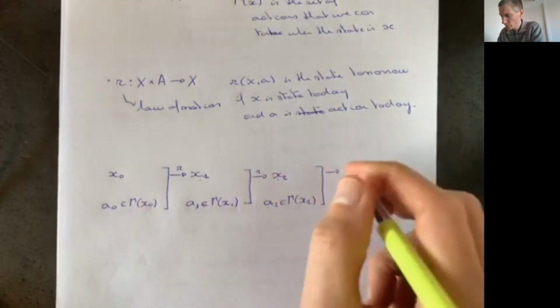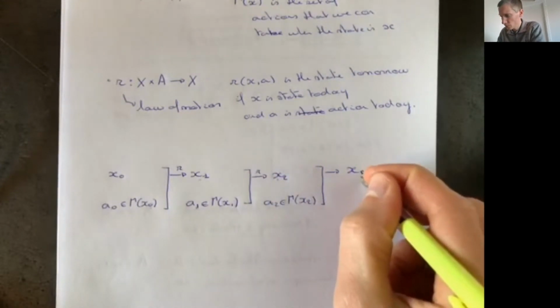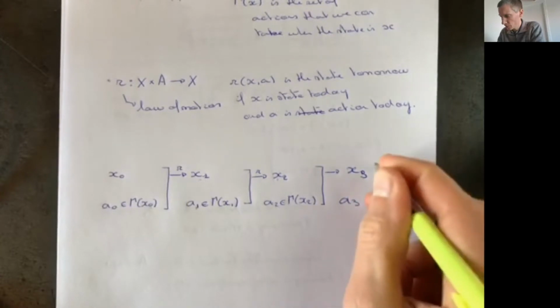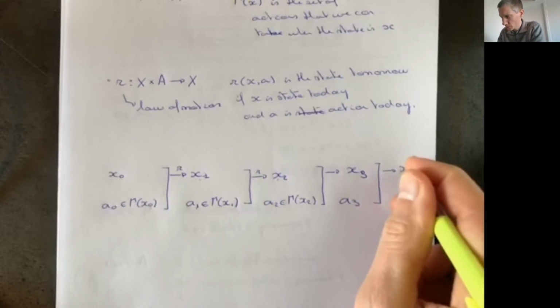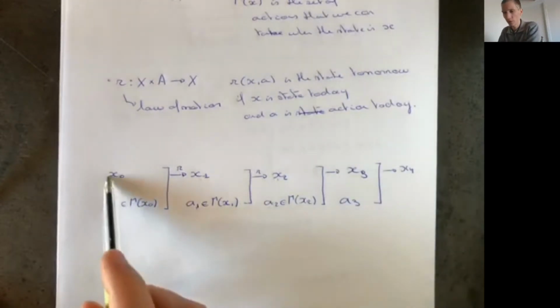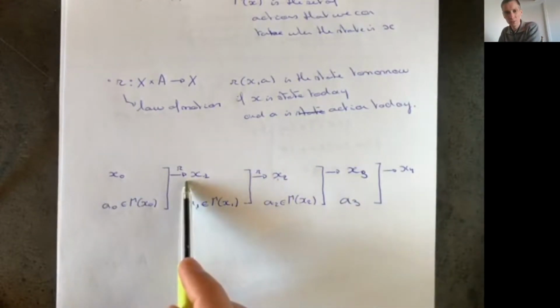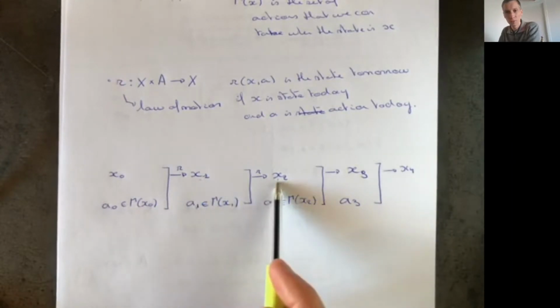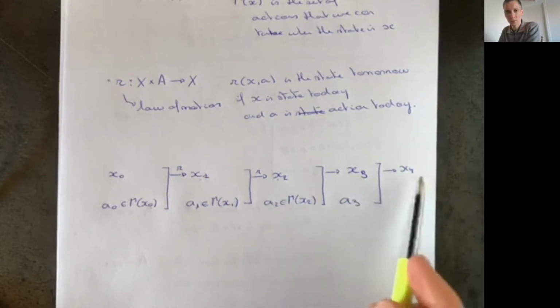These two ingredients, x2 and A2, are going to determine x3. I take an A3. This is going to determine x4, and so on and so on. Okay, so this is basically how the process works. You start with a state, you take an action, this determines a new state, then you take an action, this determines the next state, you take an action, and so on.